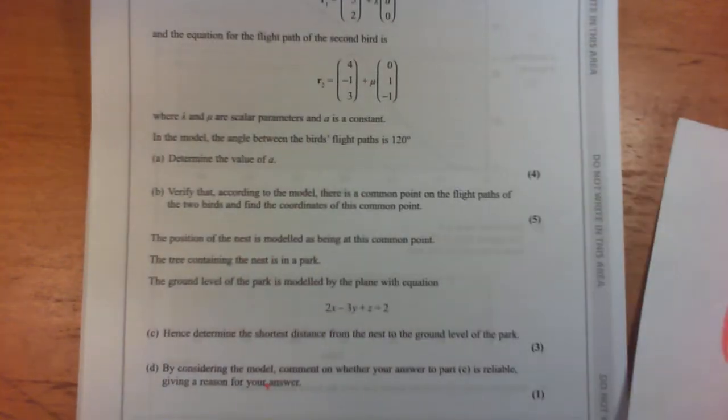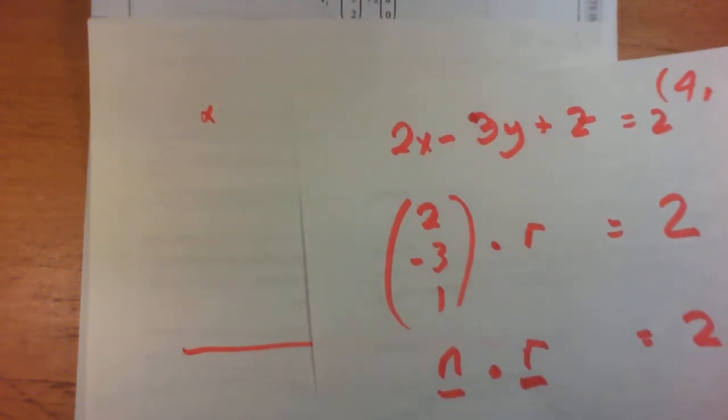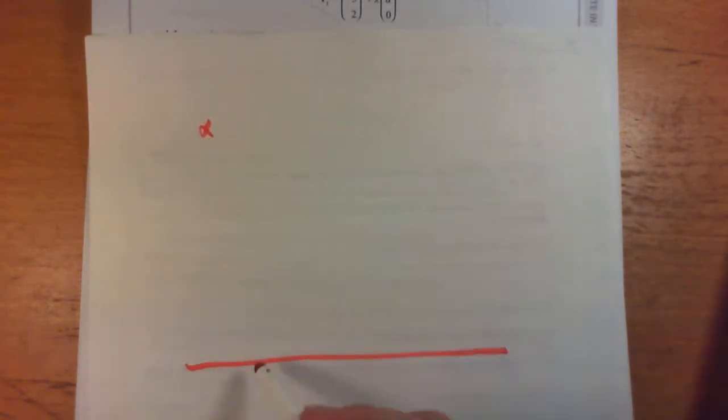So perhaps I'm going to keep that to one side for a moment. If I've got this nest and this plane down here, given by that previous formula, I need to find the shortest distance from here to here.